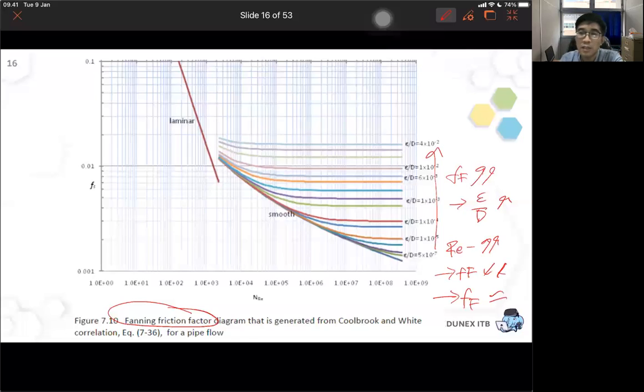It is represented by the straight line on the graph. Yeah, that's how you can calculate EF. First you find out FF. FF will be a function of the Reynolds number, or for turbulent flow also a function of epsilon over D, and then you calculate EF, and then you put it into the Bernoulli equation.